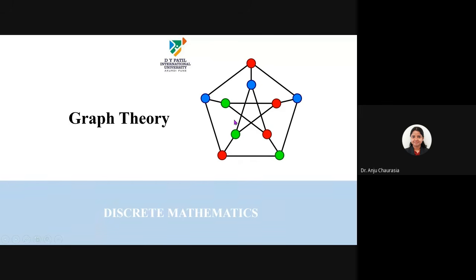shown by the edges. If you see these edges are not connected, it means this member of the family and that member do not have the same type of interest or hobby, if you are giving the relationship the name hobby. So edges represent the relationship between two vertices, whether they are related to each other or not.